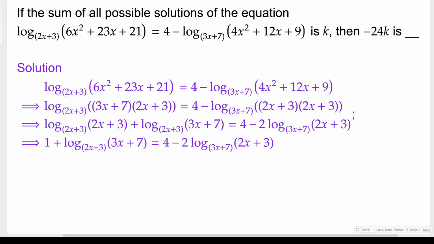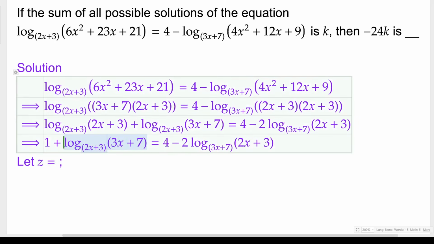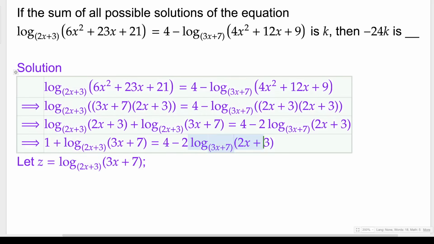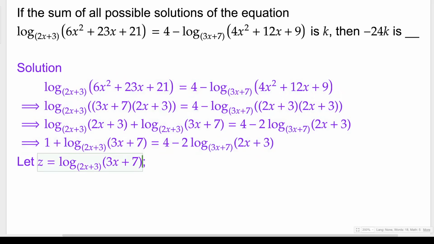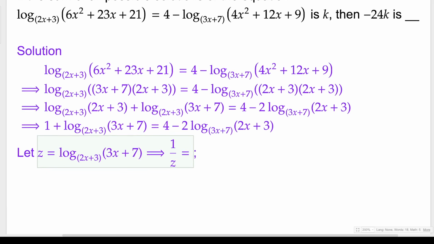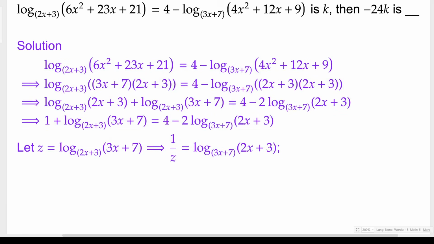Now I will use the substitution mechanism to simplify this. Let us assume that log of 3x+7 base 2x+3 is equal to z. If this is z, then we can clearly observe that the other part will be 1 over z, which further implies that 1 over z is log of 2x+3 in base 3x+7.